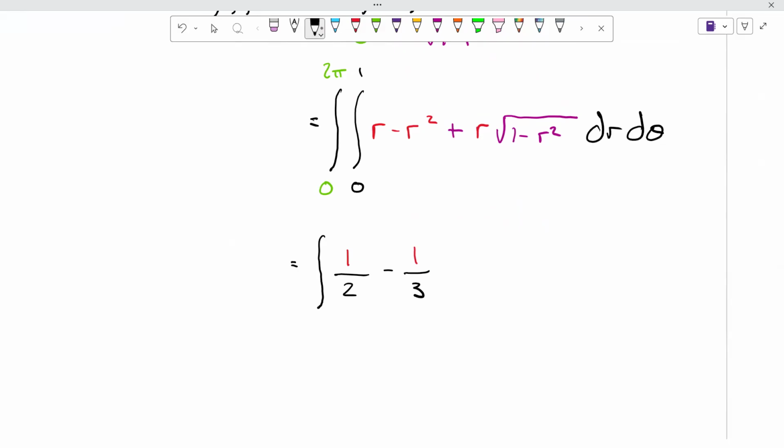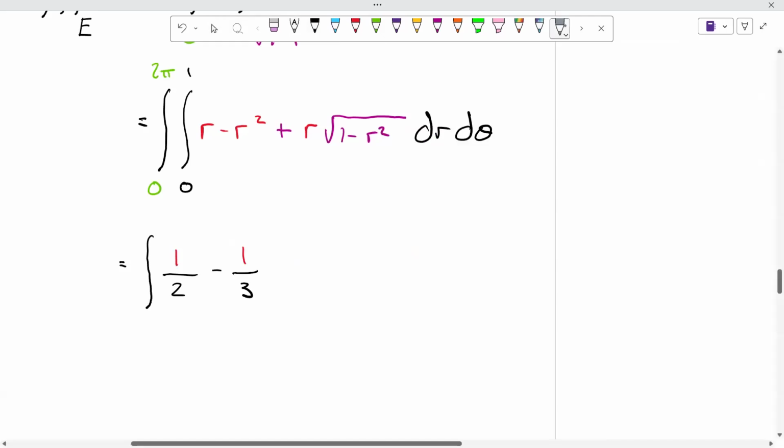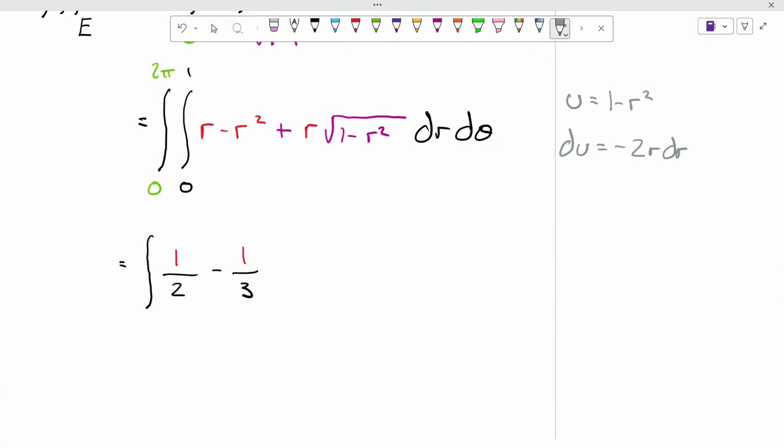I have a really nice u substitution that's going to work for me over here. u is going to be 1 minus r squared, so du is negative 2r dr, which means this next part integrates to negative 1/2 from my u substitution, because I've only got r and I need negative 2r.